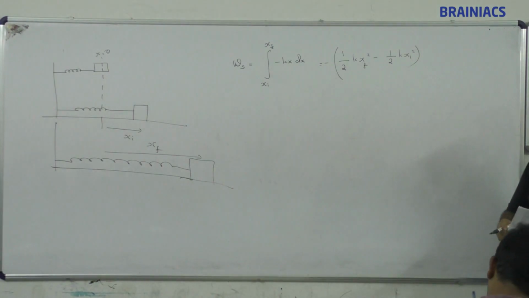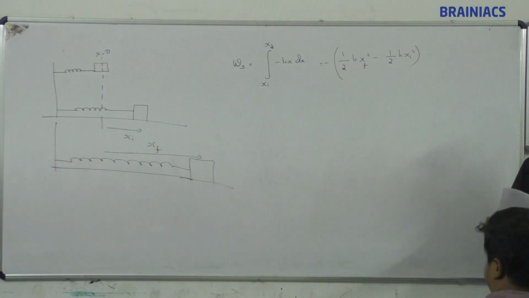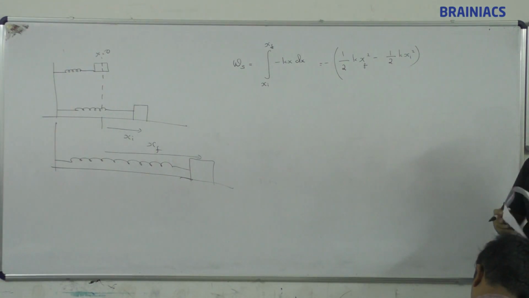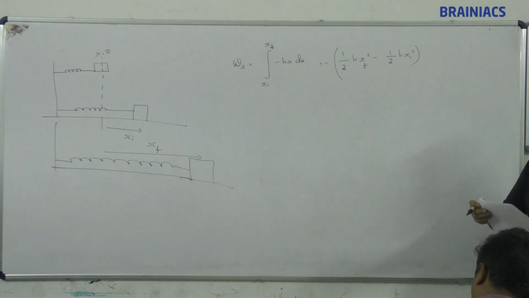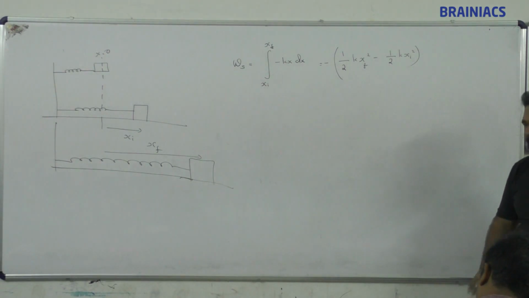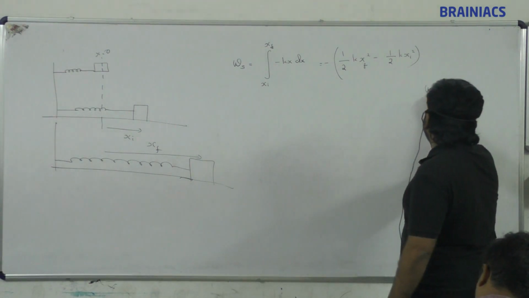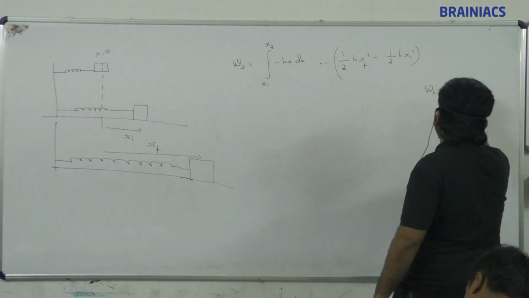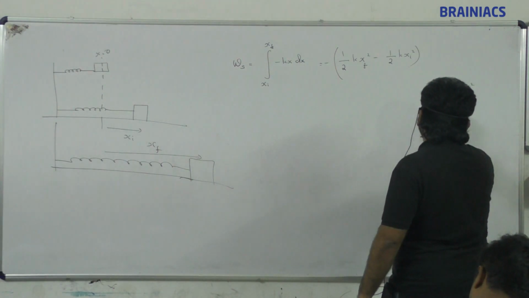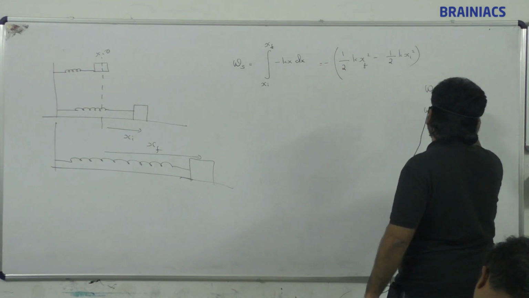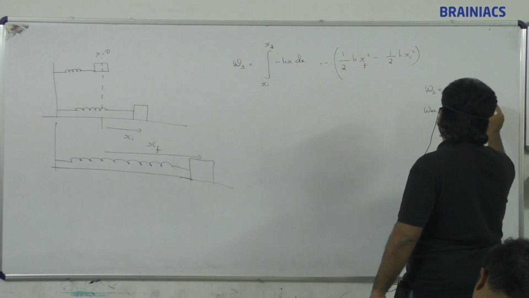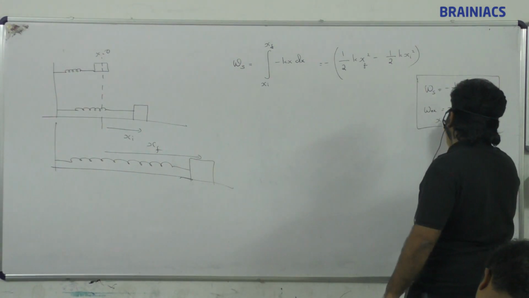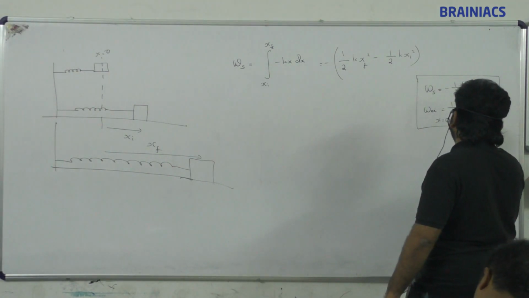Okay. So this is there for the change in kinetic energy also. This can be applied. Okay, done. So work done by spring force is minus half kx square. Work done by external force is equal to half kx square. This is equal to U. This is from the initial position to an elongation.